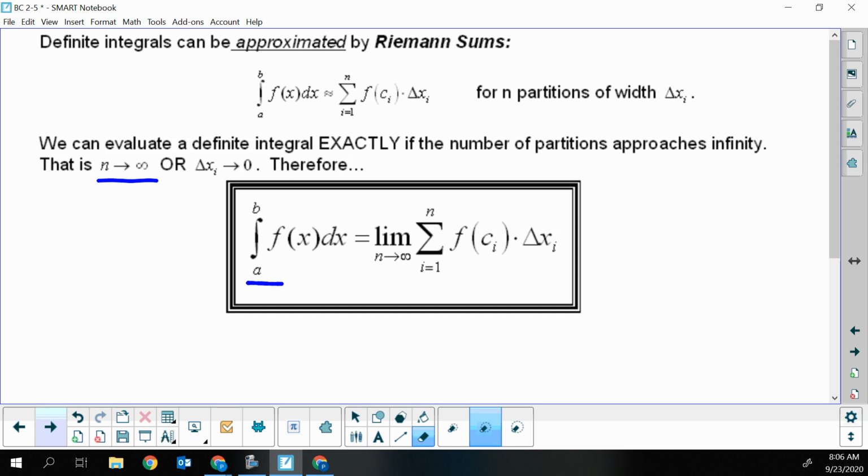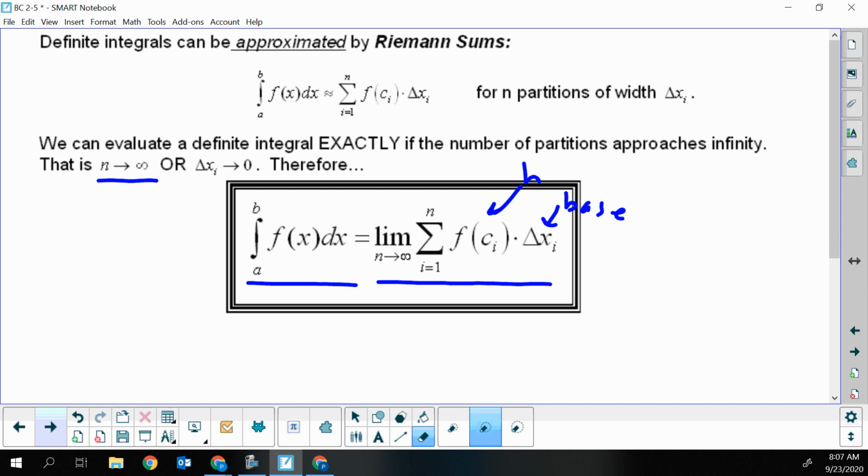And that's what this is saying. The exact area under the curve is equal to, as your number of rectangles goes to infinity, as you add up those Riemann sums, this is really the base of each rectangle, and that's really the height, because it's the y value. And then the summation is adding up all those base times heights, and we're letting our number of rectangles become huge.